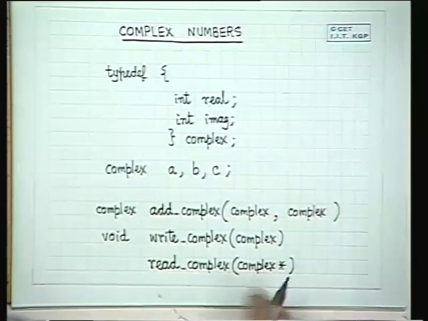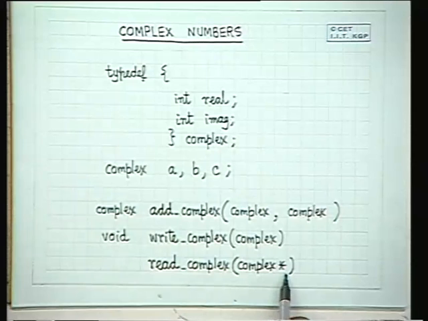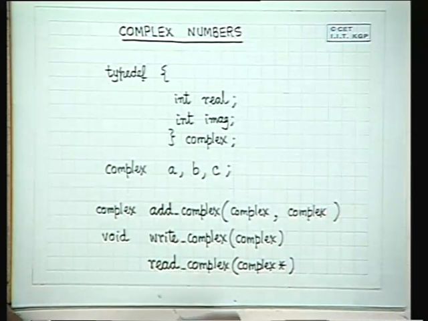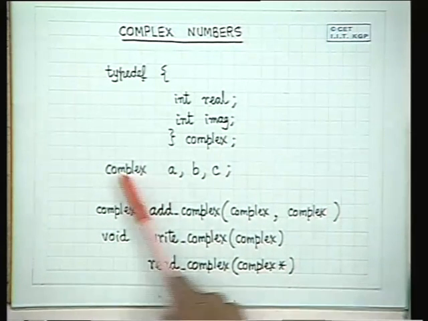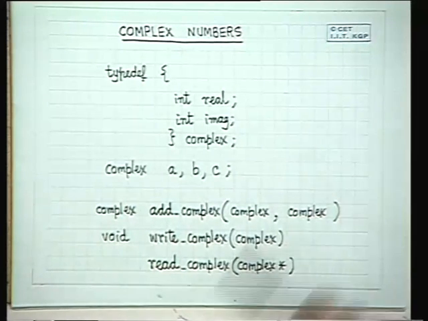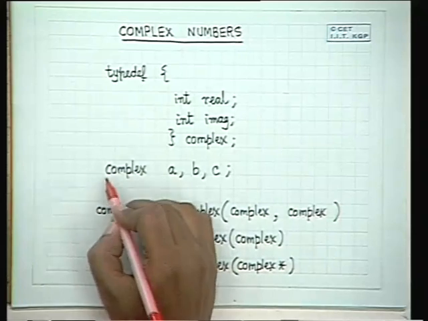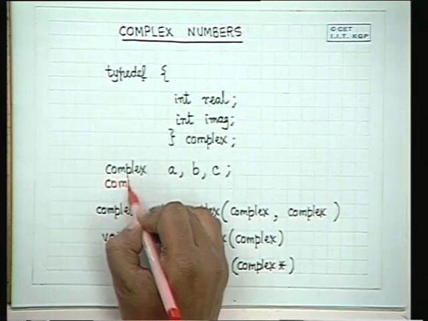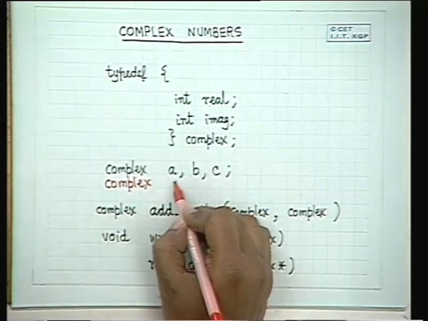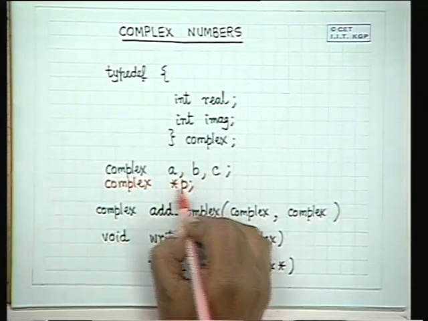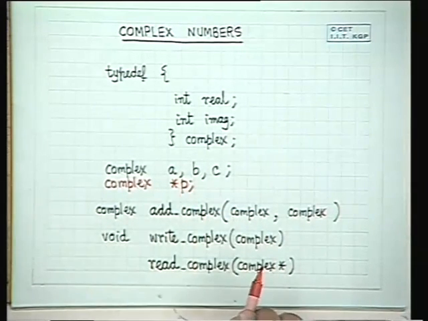If you remove the variable name, all you are left in the structural definition is like this. Suppose you want to write down a complex declaration, you write this. Suppose you want to write down P is a pointer to a complex number, then how do you write? This means P is an address of a complex number.